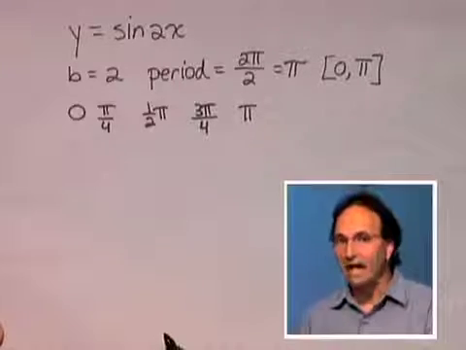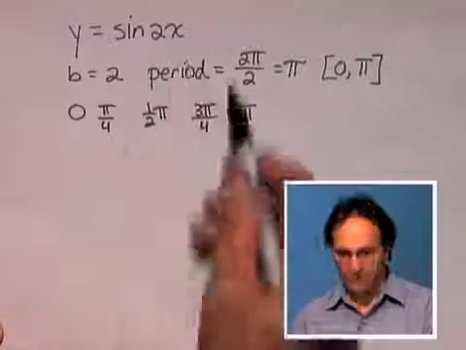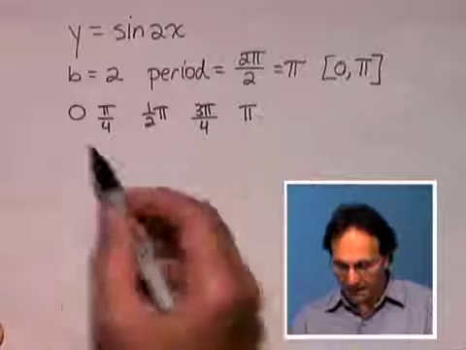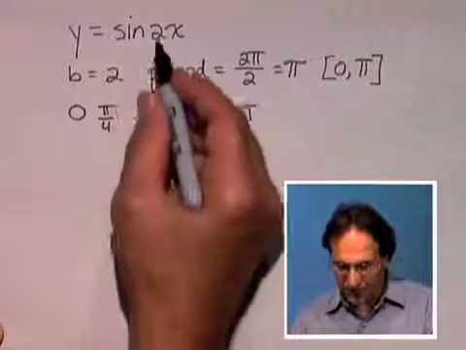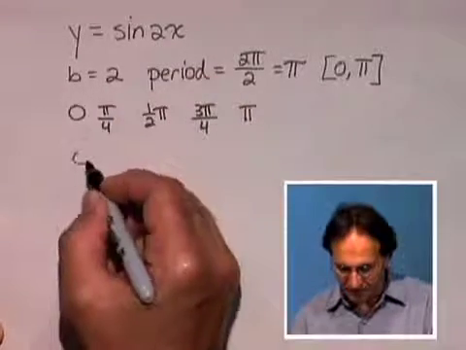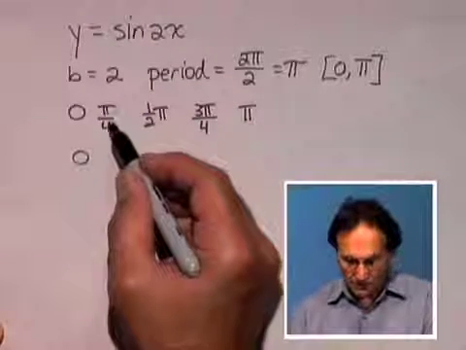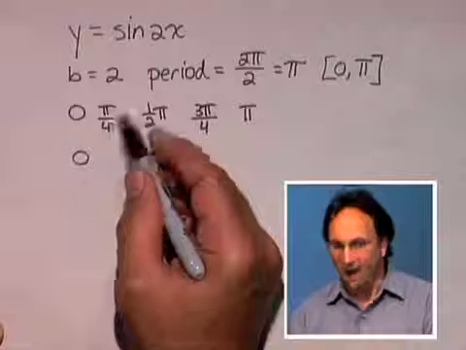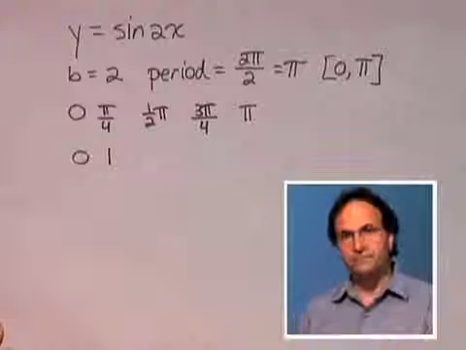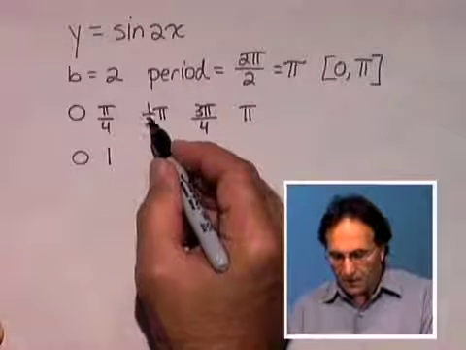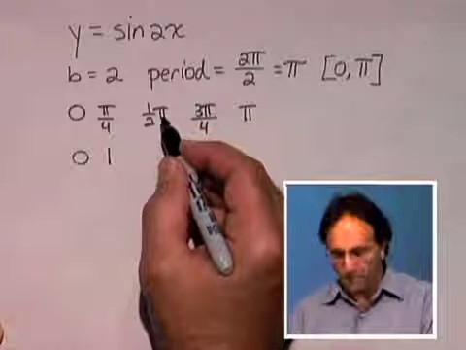Now let's look at the value of sine of 2x for each of these points. Now, the 0, of course, sine of 2 times 0, sine of 0, is 0. Now it would be sine of 2 times pi over 4. That's the sine of pi over 2, which is 1. 2 times 1/2 pi would be pi.